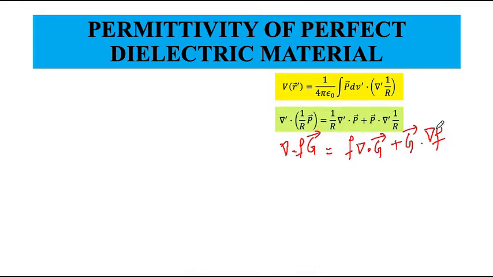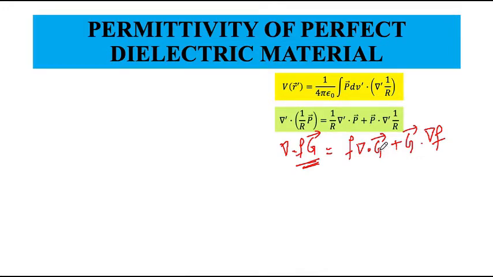Okay, so does it make sense? Yes, it makes sense because this is a divergence operation on a vector field. Just because I am multiplying the vector field g by a scalar f doesn't mean I have changed it into a scalar field. So this is actually a vector field. The divergence of this vector field will be equal to f times del dot g.